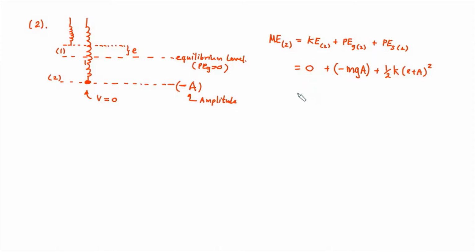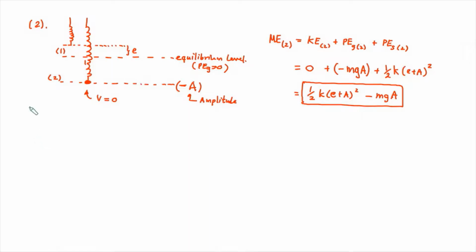So that's that expression. So I can write this as 1/2 k (E plus A) squared minus mgA. So that's the answer for the second part of this problem.